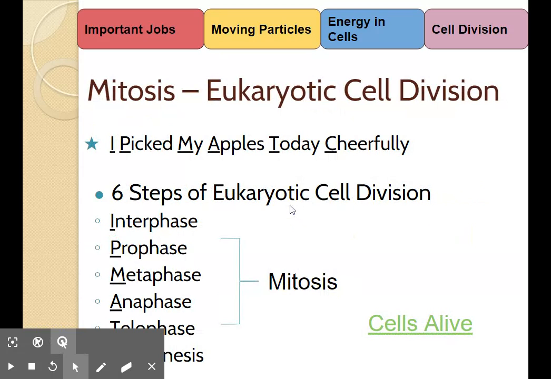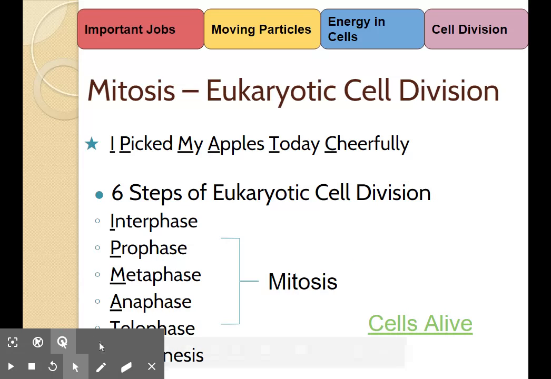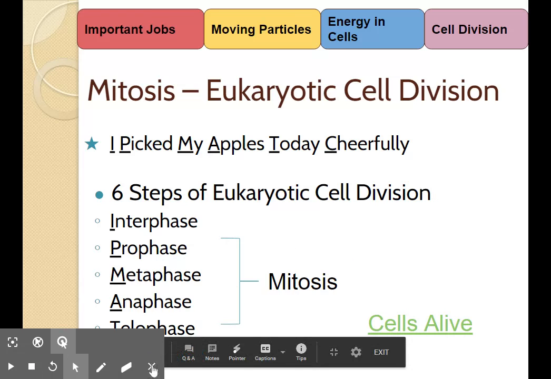Now, how eukaryotic cells reproduce, that's the cells that are inside of us. You have six steps of eukaryotic cell division: interphase, prophase, metaphase, anaphase, and then cytokinesis.